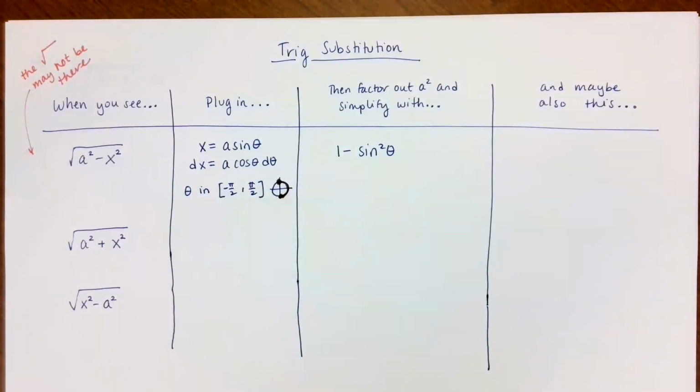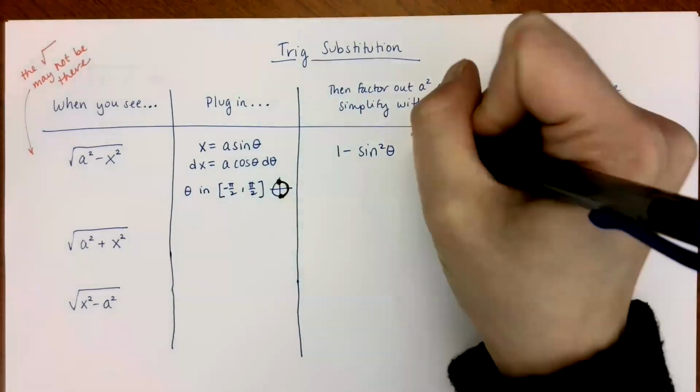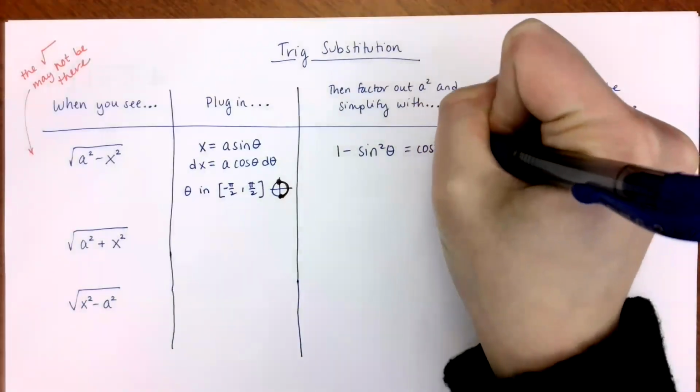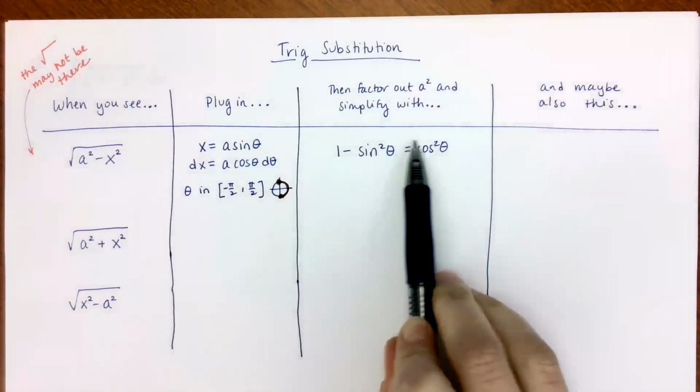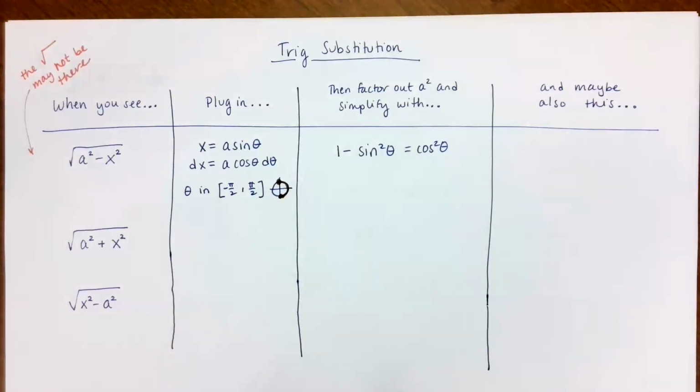And we rigged this up on purpose with that sine substitution because we have an identity, sine squared plus cosine squared equals 1. So we know that 1 minus sine squared would be cosine squared. So we'll replace this with this. So you just have the root of cosine squared. And that helps things simplify as you go.